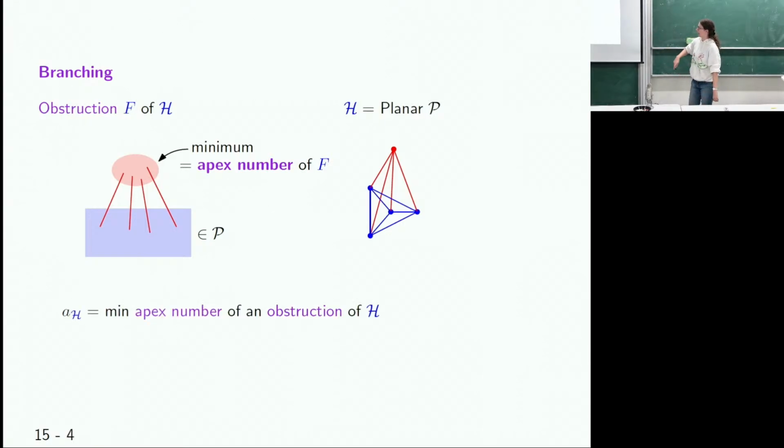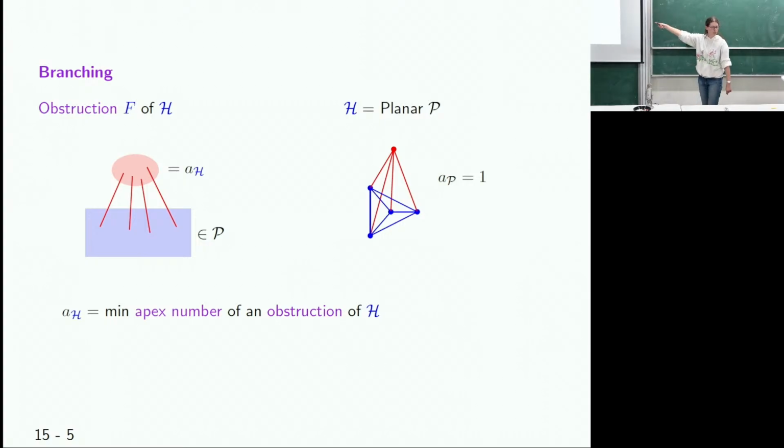And A_H will be the minimum apex number of some obstruction in H. So essentially, you can find an obstruction F that is just A_H apices above and a planar graph below. So for instance, for planar graphs, this apex number is just 1.